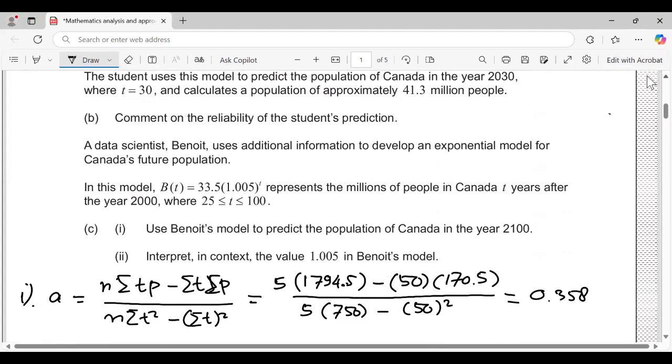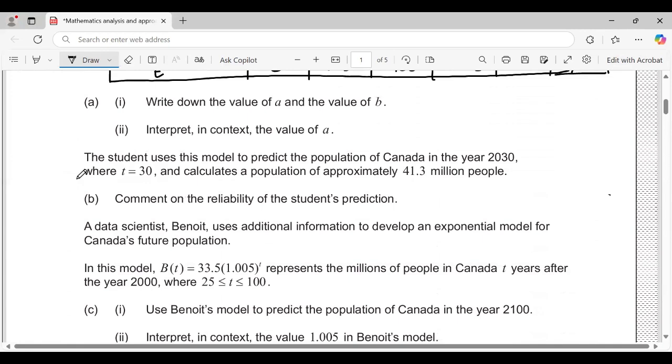Next question. The student uses this model to predict the populations of Canada in the year 2030, where T equals 30, and calculates a population of approximately 40.3 million people. Comment on reliability of the student's prediction.